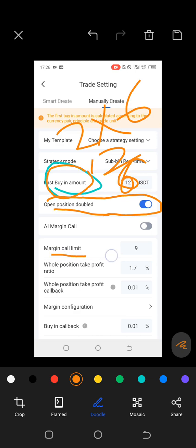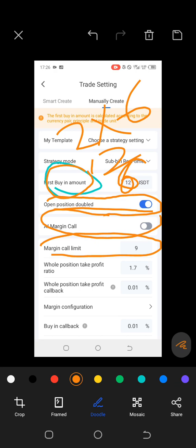And then the margin call limit is 9. Here we switch off the AI margin. In some of the strategies we use the AI margin. When you see there's a high market dump, a high market volatility, and the market is just going down, Bitcoin is going down, Ethereum is going down, then you would want to switch on the AI margin.